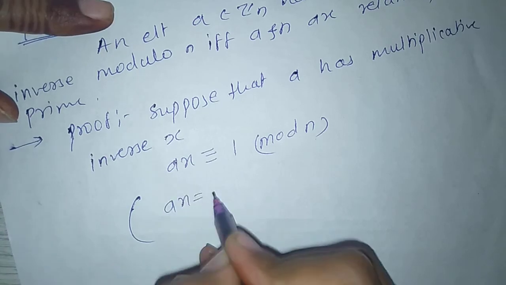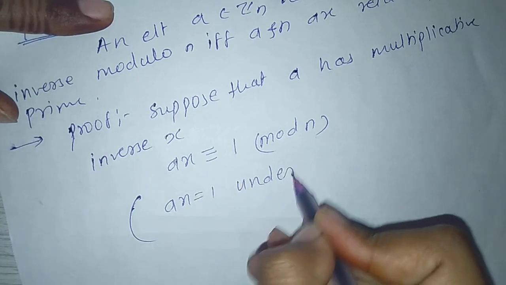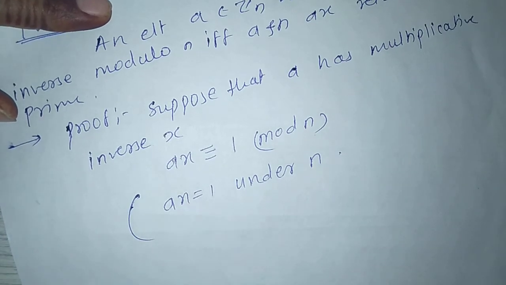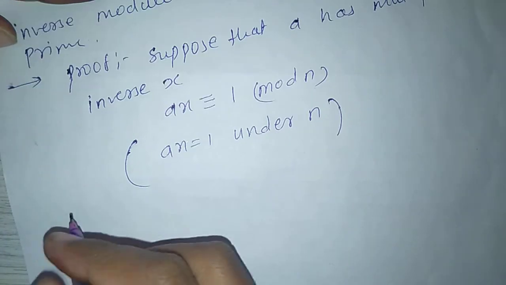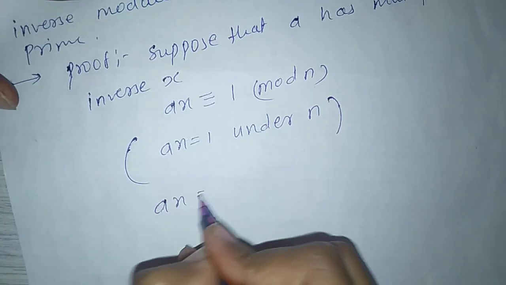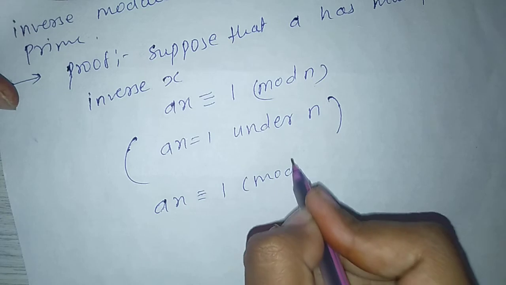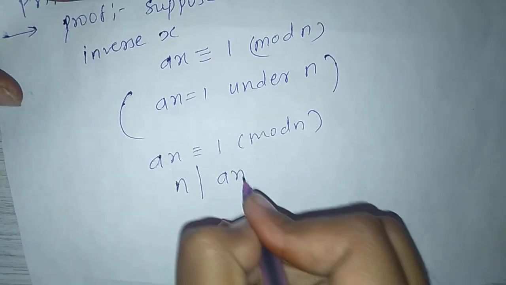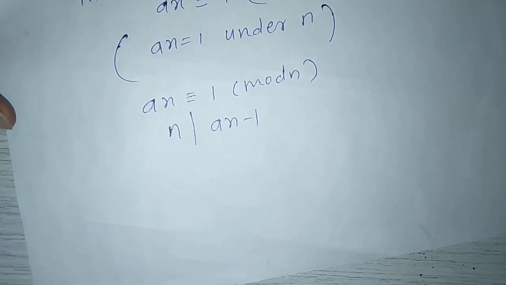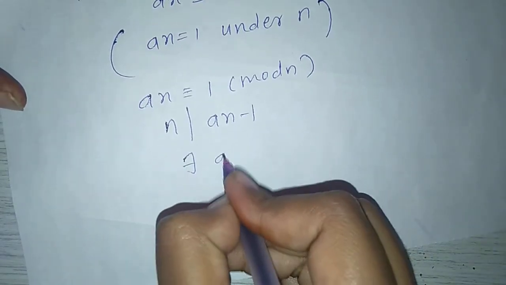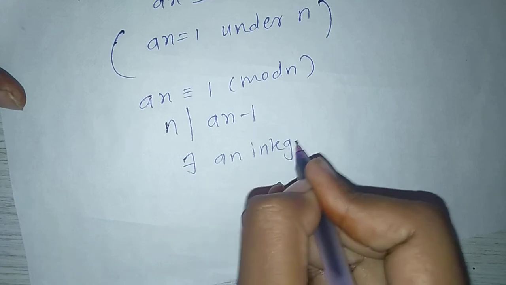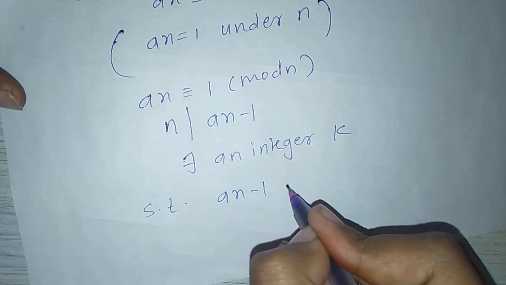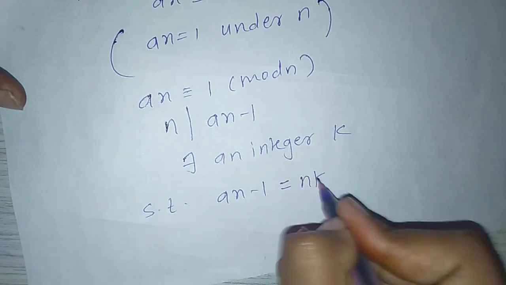By definition of congruence we get n divides a into x minus 1, means there exists an integer k such that a into x minus 1 equals n into k.